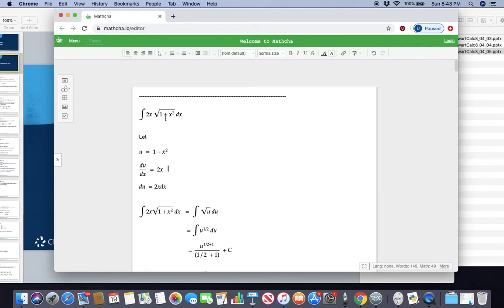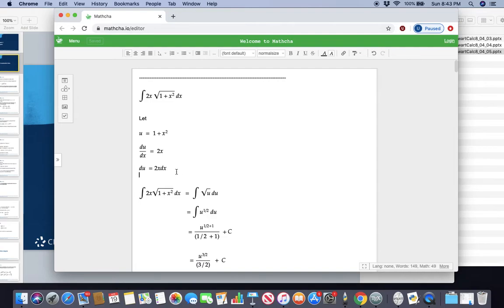Let u be 1 plus x squared. Then du dx is 2x. I'll move the differential dx here. du is 2x times dx. Aha, 2x dx is du, and 1 plus x squared is u.